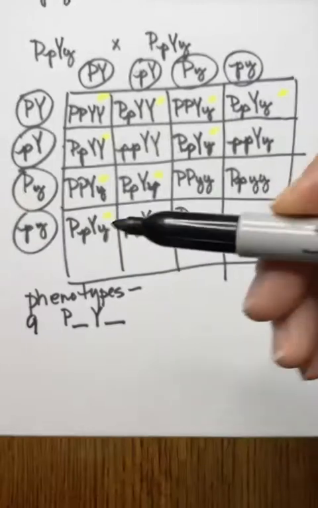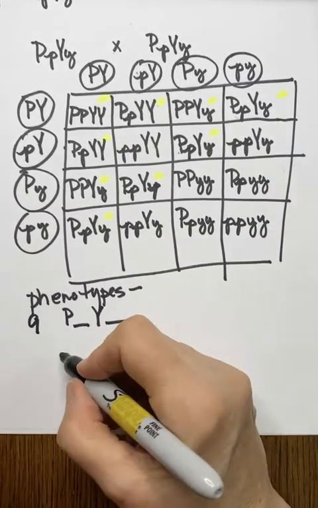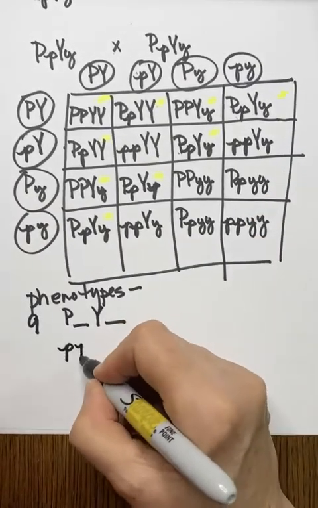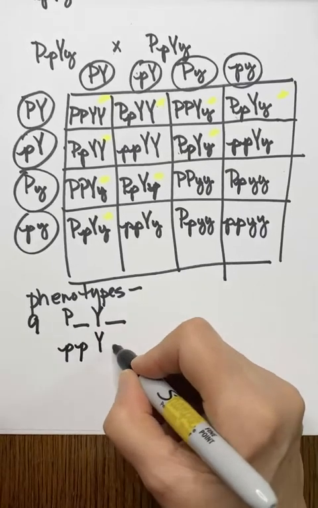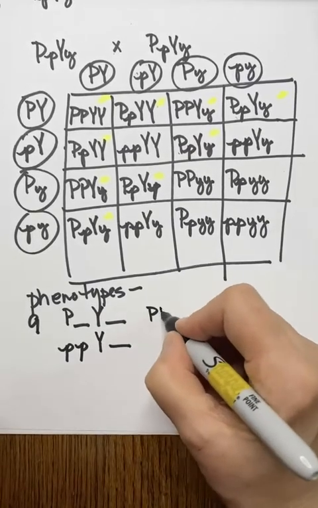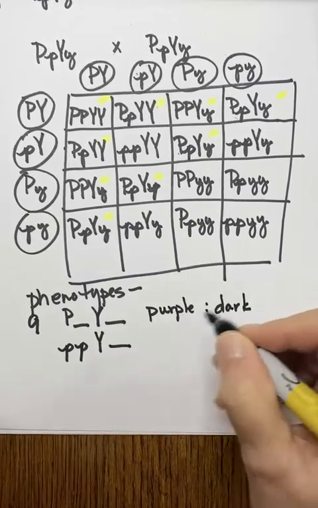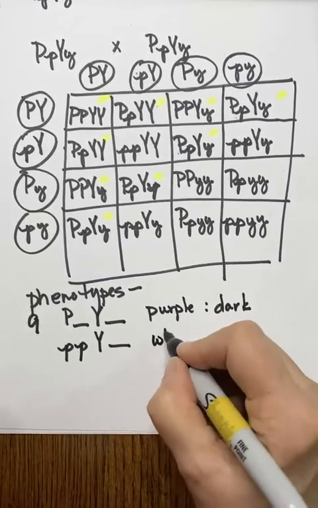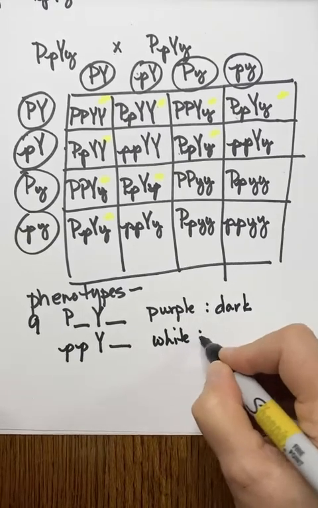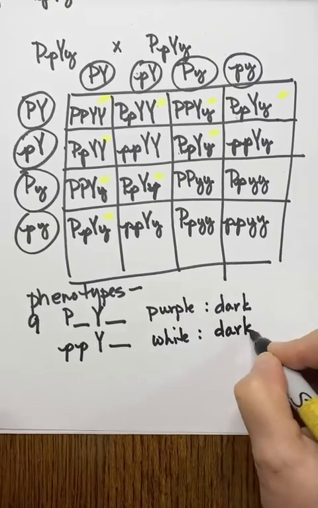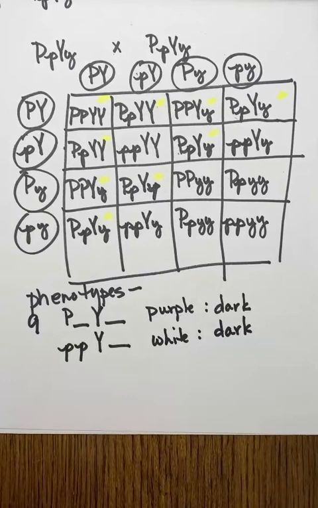All right, now what are we looking for? How about a little p, and a capital Y, anything. So this is going to be white stem and dark colored leaves. Okay? Now let me get another marker.